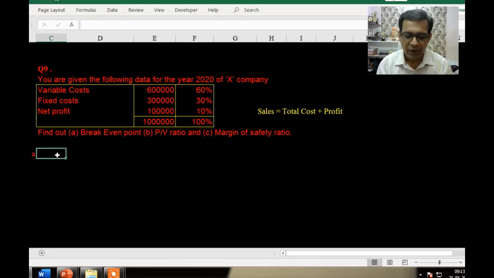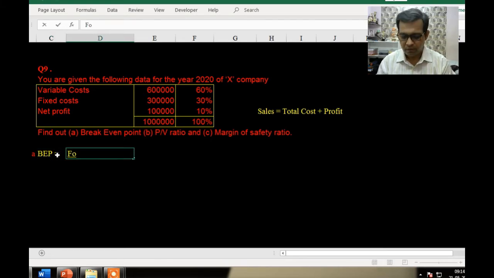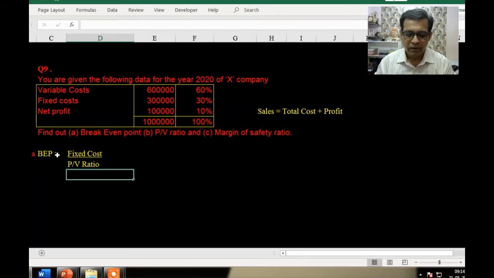What is the formula for break-even point, guys? Anyone knows that? Good, perfect. So we know that BEP is equal to fixed cost by PV ratio. We need to understand this. What is the information about fixed cost? 3 lakh. Have they given us information on PV ratio?